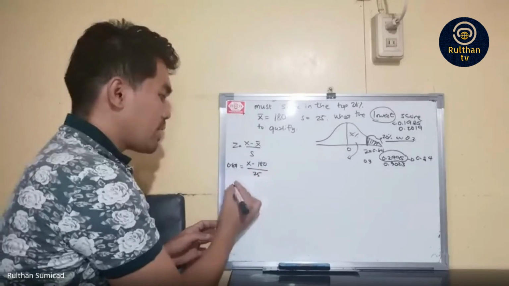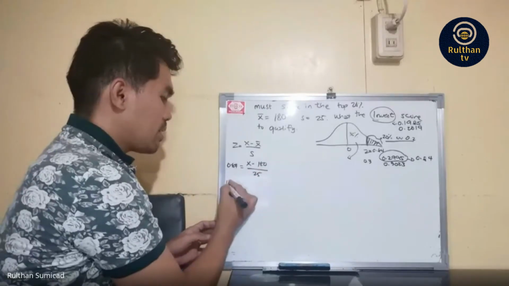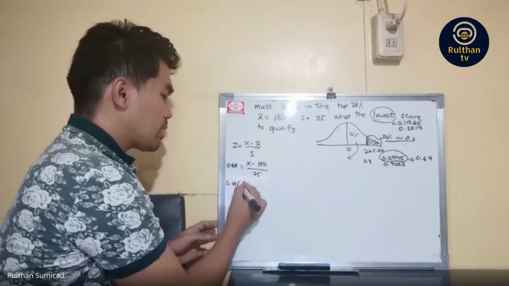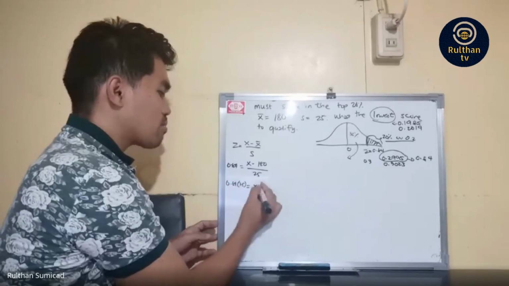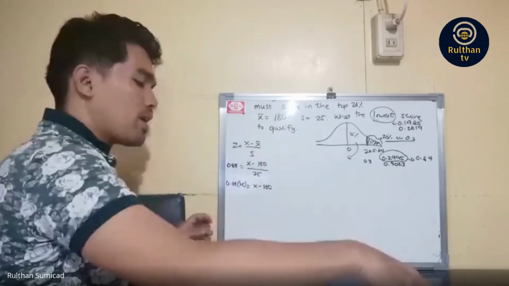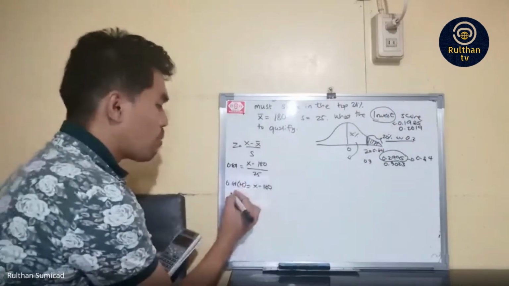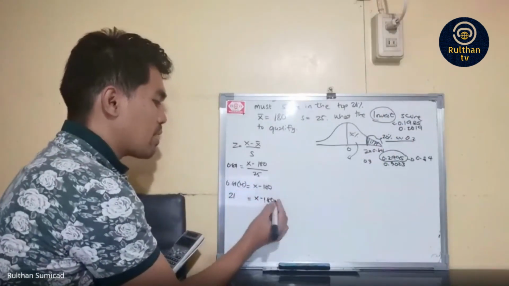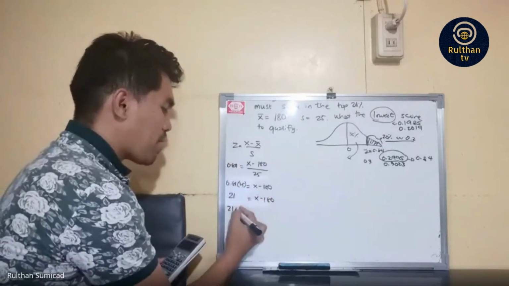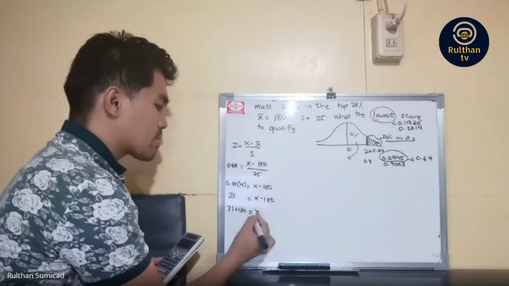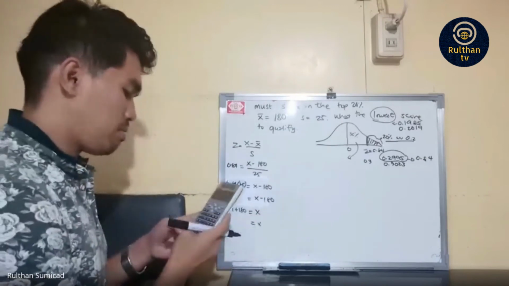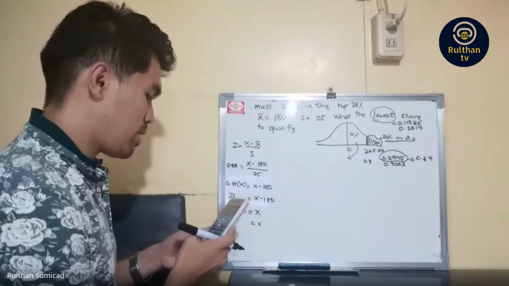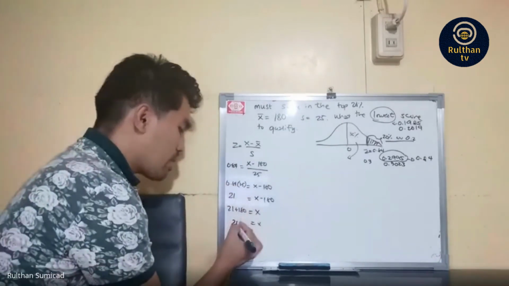Cross product: 0.84 times 25 equals x minus 180. Product here is 21 equals x minus 180. Transpose: 21 plus 180 equals x. So you have 201.